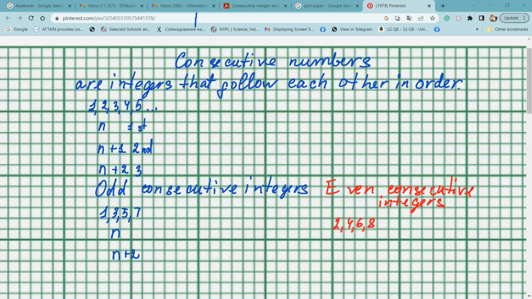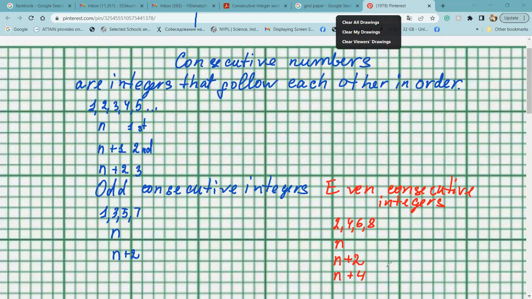This is an example of even consecutive integers. And they also have a difference of 2 between every two numbers. So if the first number is n, the second number will be n plus 2, the third number will be n plus 4, and so on.